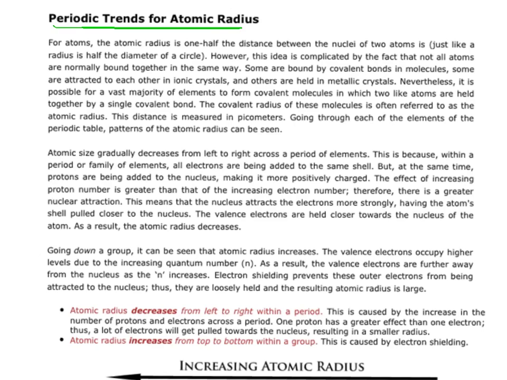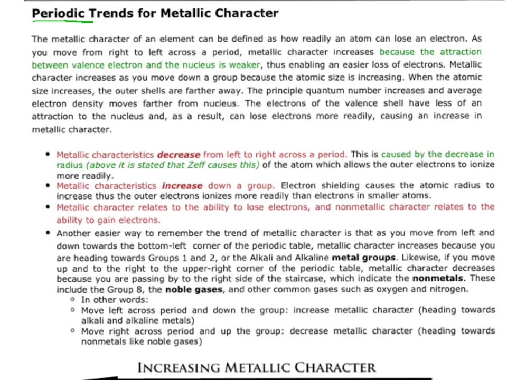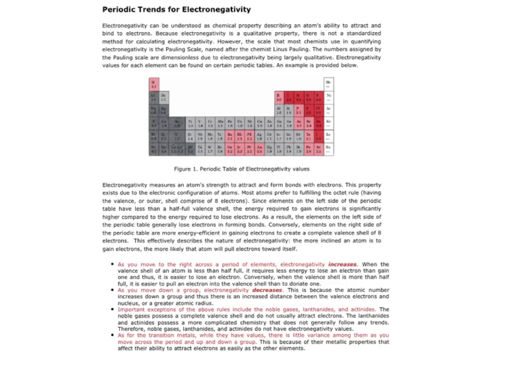You can pause the video and read. If you want periodic trends for metallic character, what makes an atom more metallic or less metallic as you go across or as you go down, that's your two options here. You can read that.